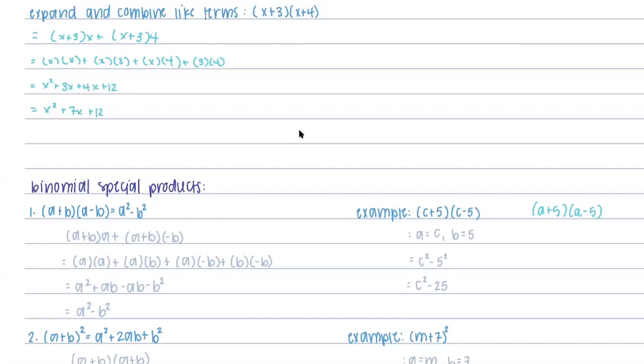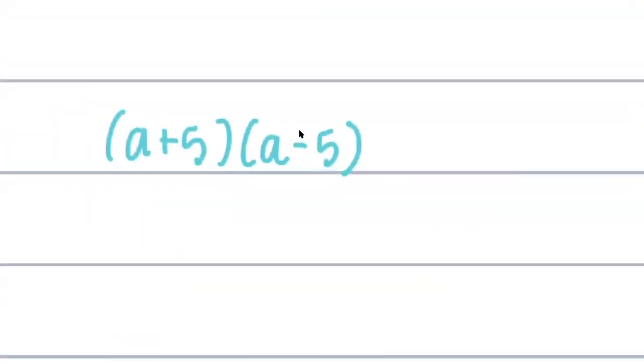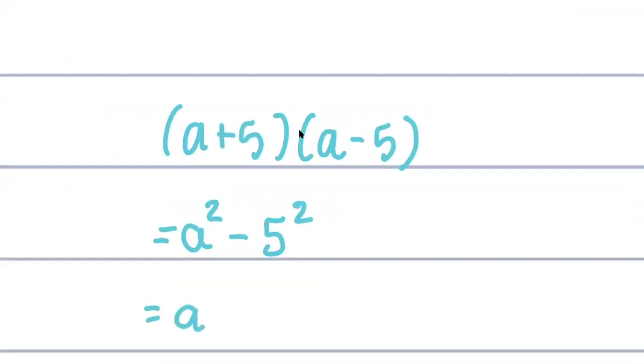Okay, go ahead. Since on the other example problem you get c squared, it should be a squared, and then 5 to the power of 2 equals 25, so it's a squared minus 25. Awesome. Okay. Any questions on that one?